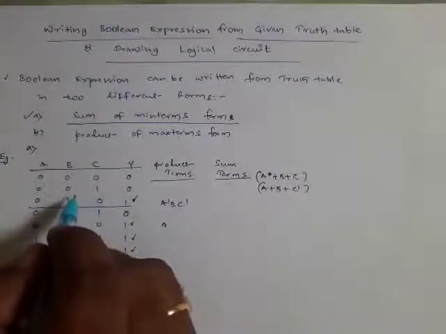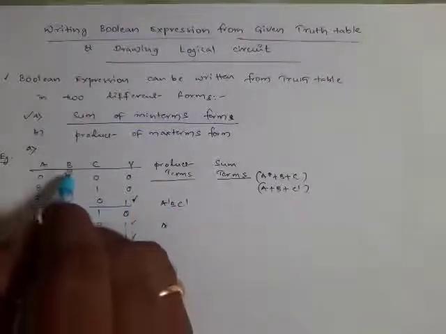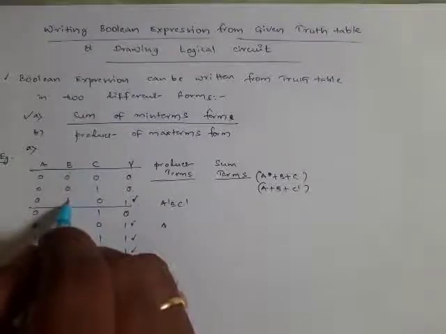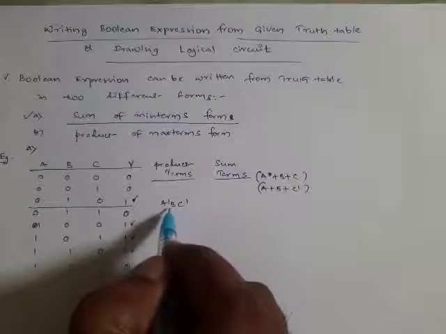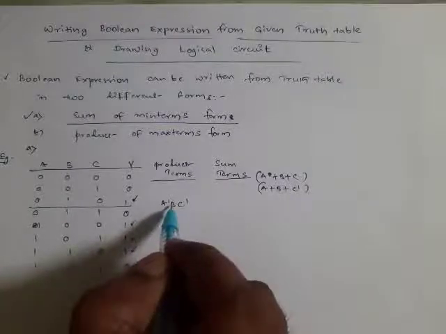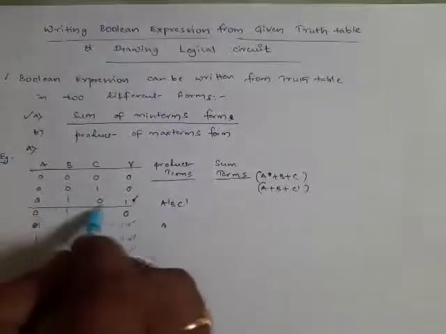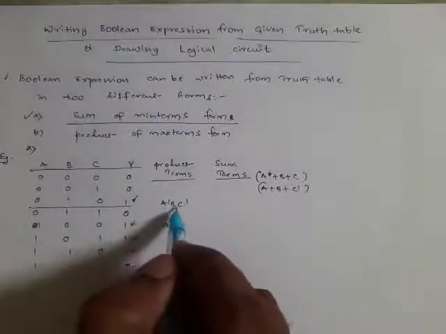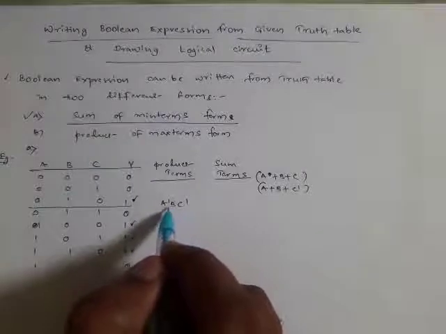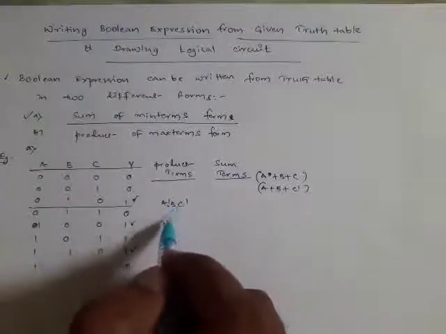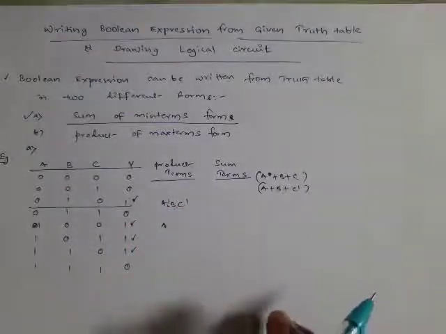If the value of the variable is equal to 1, say for example b equal to 1, the variable must be taken in its original form. And after taking all those variables in such a way, those variables must be logically multiplied. That is, an AND operation must be performed between the variables.